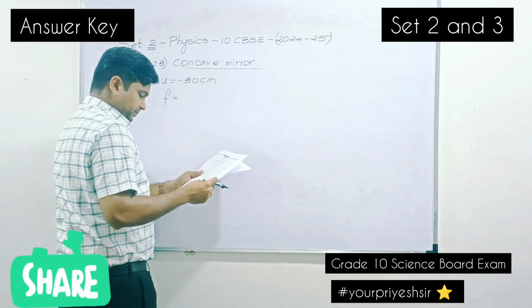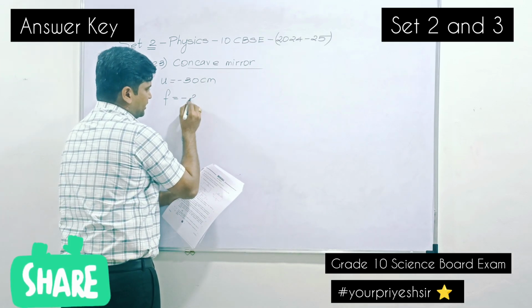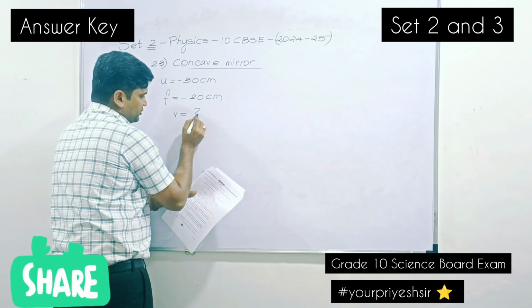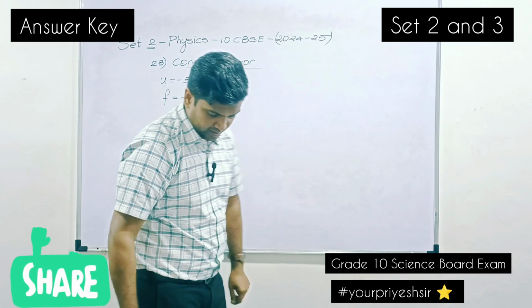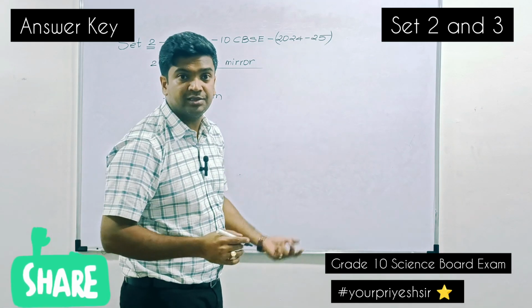Focal length 20. Since it's concave mirror, the focal length has to be negative 20. They want us to find the position of the image, correct? So, yes, determine the position of the image formed in this ray diagram.